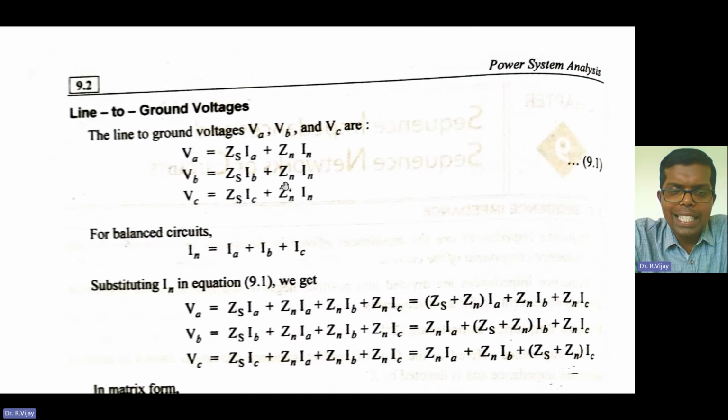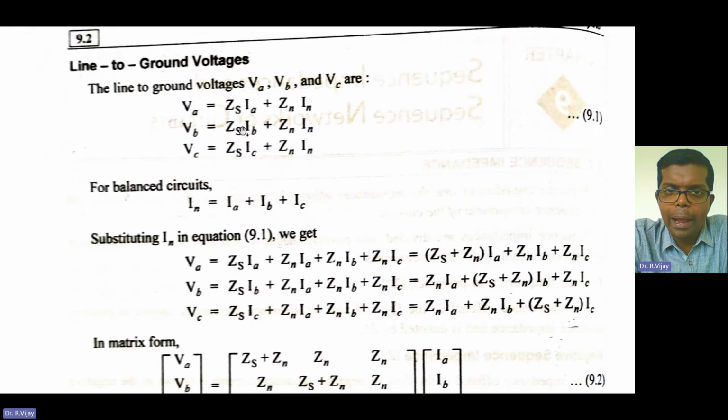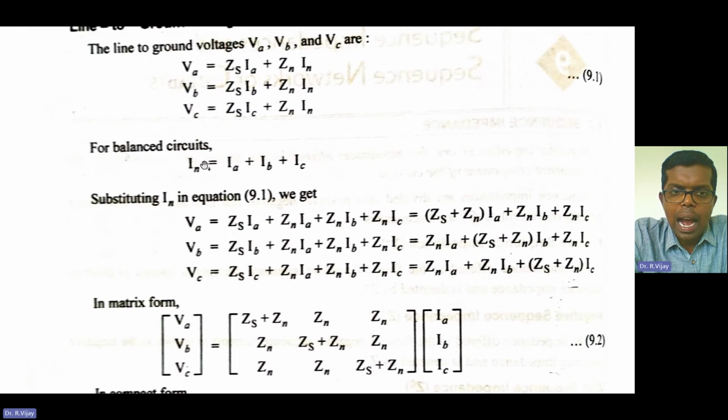VA is equal to Zs into IA plus Zn into In. Next, VB is equal to Zs into IB plus Zn into In. Next, VC is equal to Zs into IC plus Zn into In. For a balanced circuit, In is equal to IA plus IB plus IC.